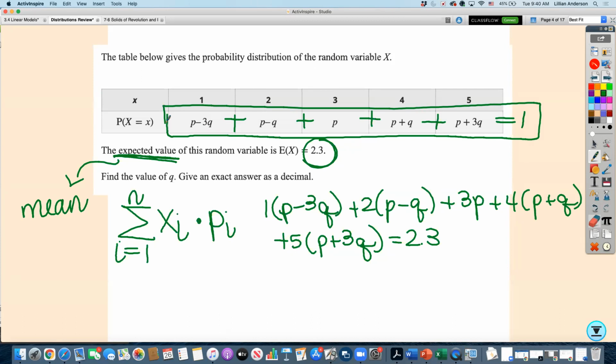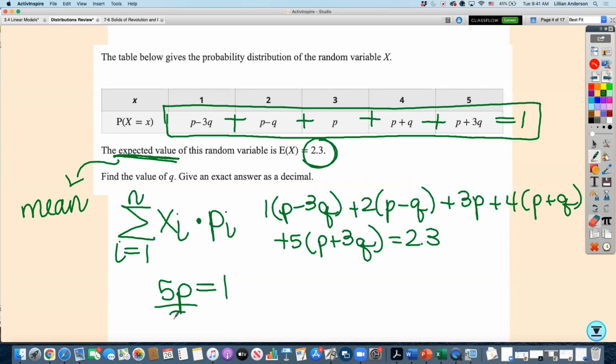1, 2, 3, 4, 5. So your first equation, if you add up all these probabilities, you end up getting 5p is equal to 1. So p was equal to 1/5.